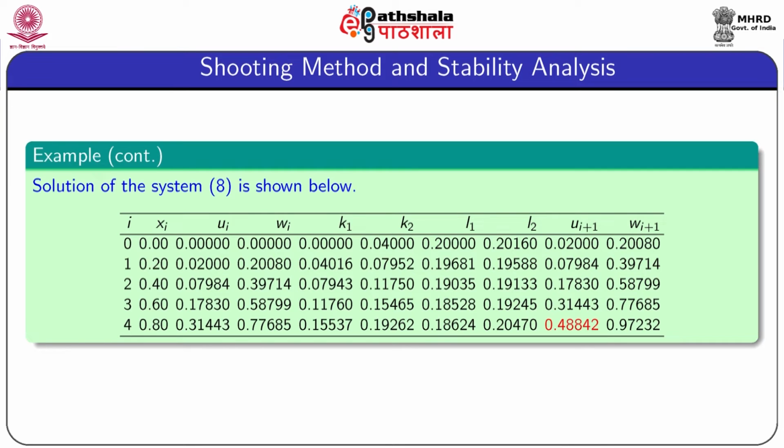That means u1 is 0.02000, u2 is 0.07984 and so on, and the last value, u5, is marked in red. That means the value of u at 1 is equal to 0.48842. This value is required to find the value of the constant C, or C2. Similarly, the last column represents the values of w for different values of x.